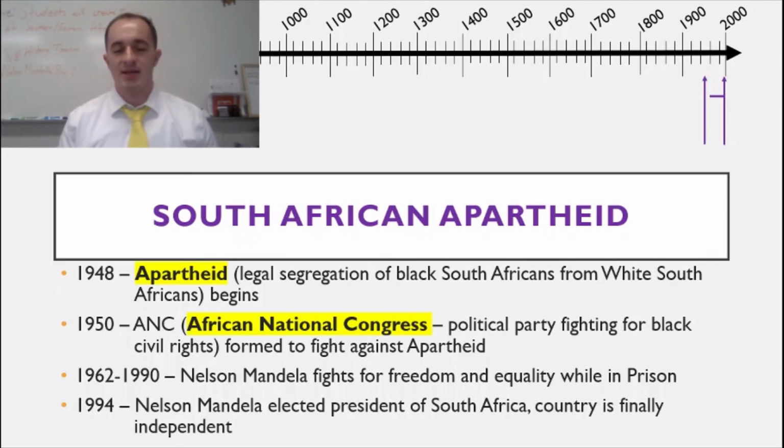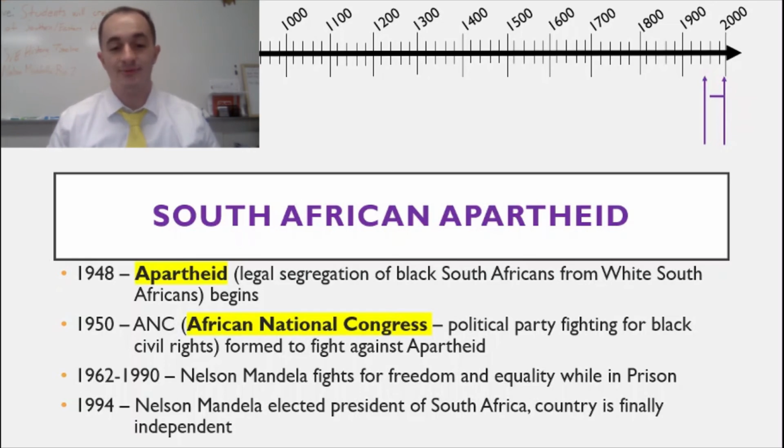So what they did is they would bomb a lot of abandoned buildings in order, one, to not hurt anyone, but two, in order to fight back against the white minority group that was segregating everything and the ones that owned a lot of these buildings. So it was a way to affect the pocket of the rich whites in the area that were propagating all of these injustices. So Nelson Mandela was sent to prison, and from 1962 to 1990, Nelson Mandela fights for freedom and equality while in prison.